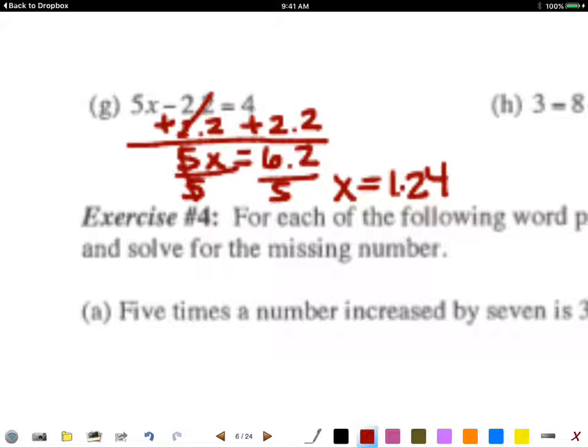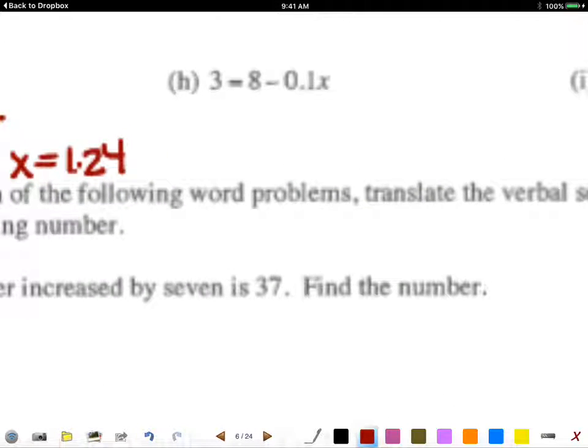Good. All right, letter H. Some people don't like their x to be on the right-hand side. So if you prefer to write this as 8 minus 0.1x and then put the equals 3 on the other side, that's fine. All right, now be very careful here. What do you suppose that we should do first? Subtract 8.